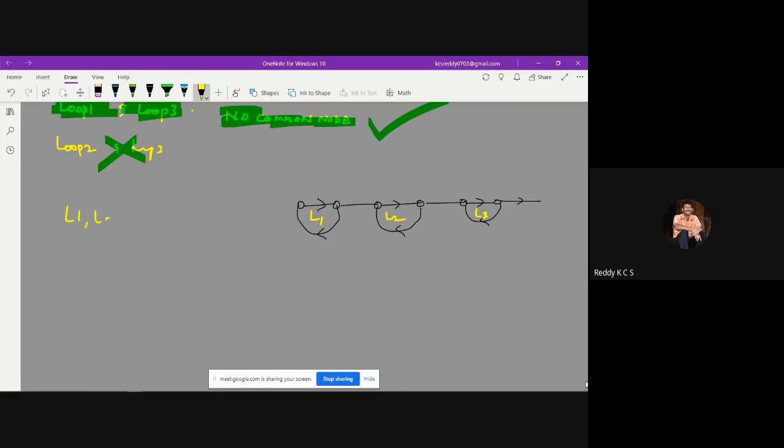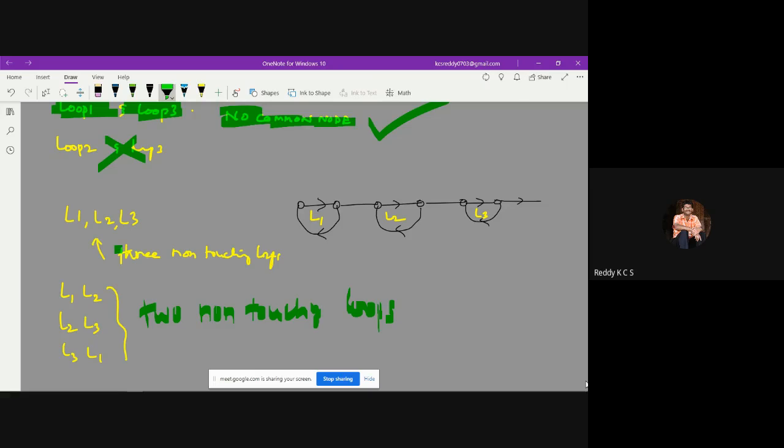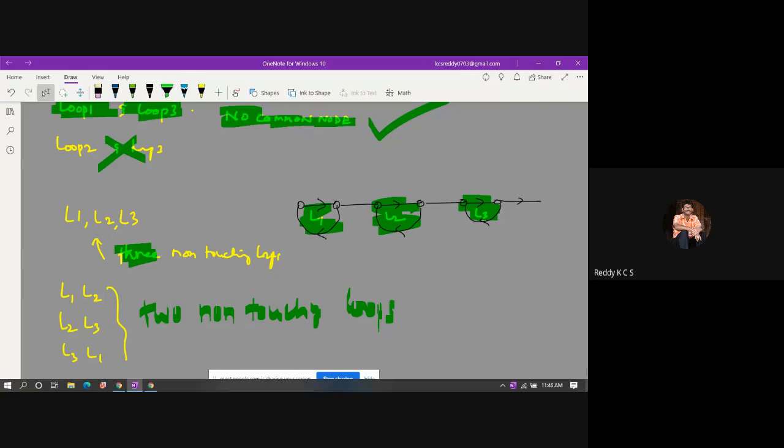So L1, L2, L3 is called a 3 non-touching loops combination. And L1 L2, L2 L3, L3 L1 are called 2 non-touching loop combinations. That is, this one and this one are not touching each other.